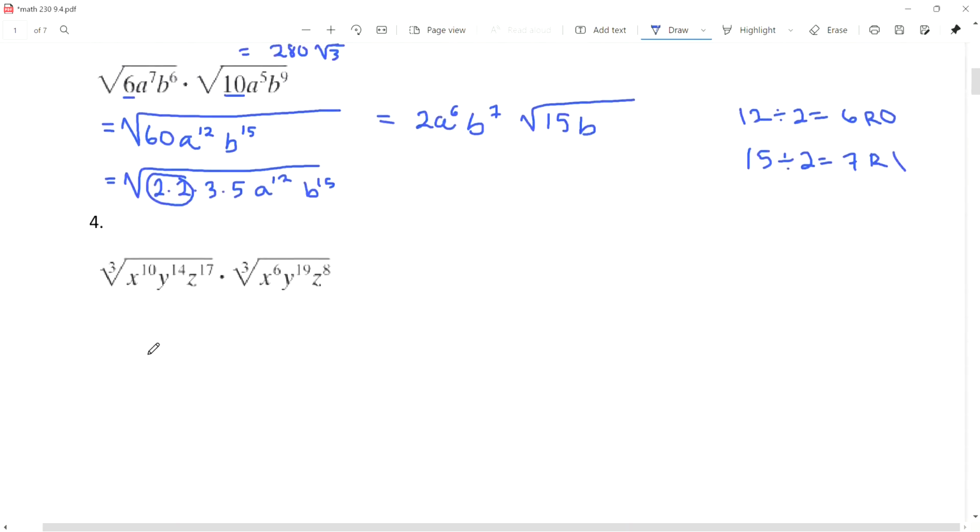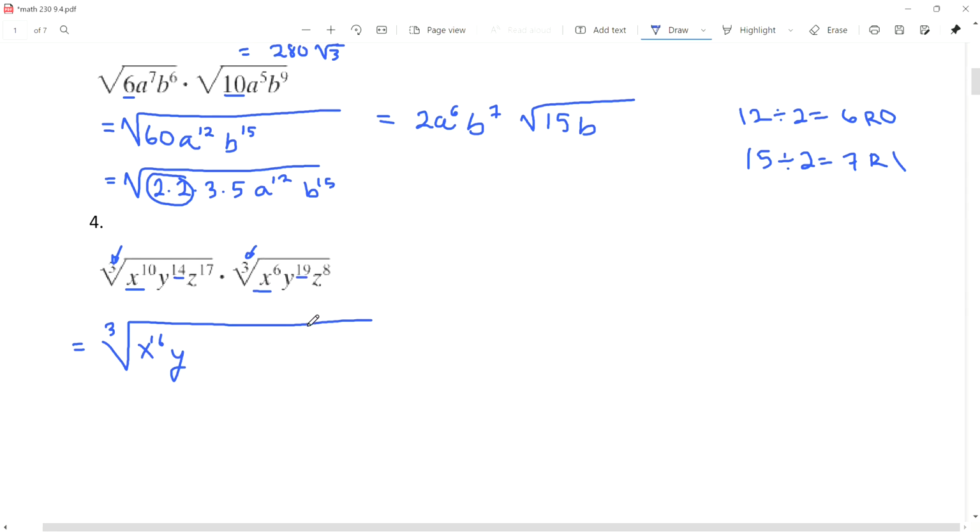Let's look at question 4. This is the cube root, so we're not looking for pairs anymore. We're looking for groups of 3. So let's rewrite this. This is the cube root of, well, let's multiply the x's with the x's. X to the 10th times x to the 6th is x to the 16th. Y to the 14th times y to the 19th.